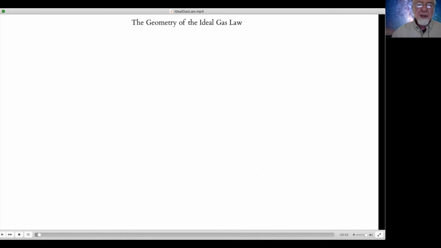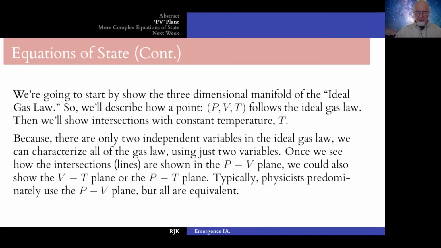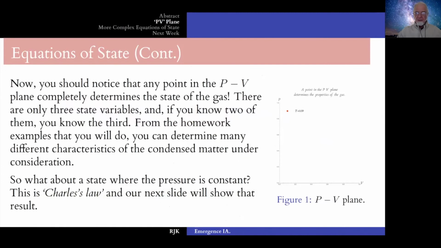That's typically the way in which people look at it, not in the three-dimensional version, but in the two-dimensional. So if we go to the PV plane, I can see that this is not a great view because the typing is very small. I apologize for that.